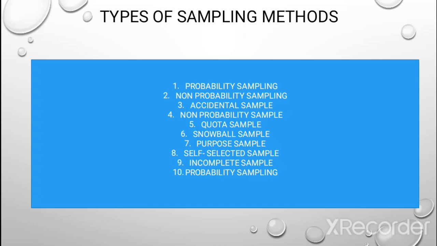Snowball sample. This type of sampling is cumulative, hence the name snowball sampling. This type of non-probability sampling is used in exploratory research since the technique can result in samples with questionable representativeness.